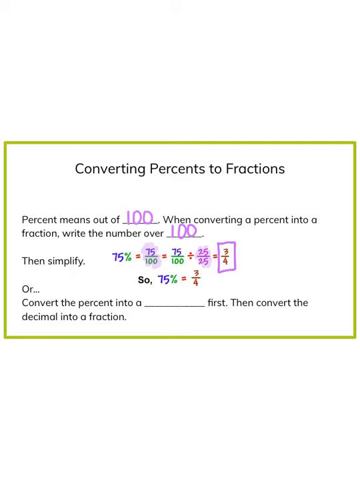So 75% is equal to 3/4. The other option to convert a percent to a fraction is to convert the percent to a decimal first. Then convert the decimal into a fraction.